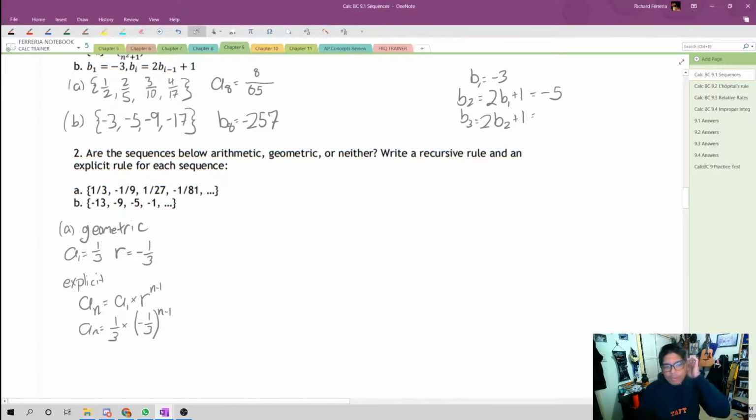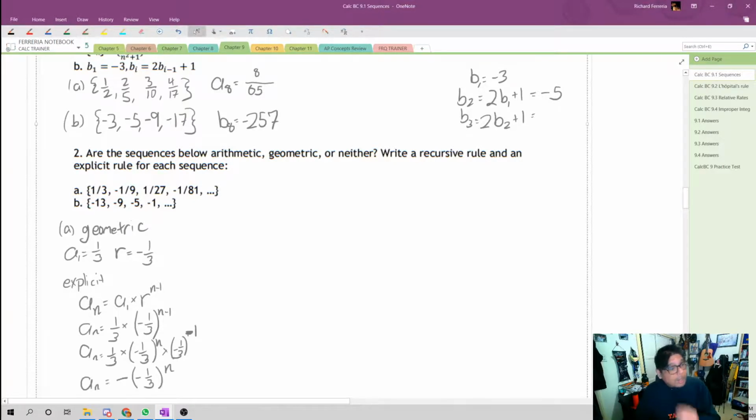And that's kind of where most people stop. But there is some algebra you can do here to simplify that a little bit. We can separate this -1/3 to the n minus 1 power and say that's -1/3 to the n multiplied by -1/3 to the -1. And we get negative of -3 to the n power.